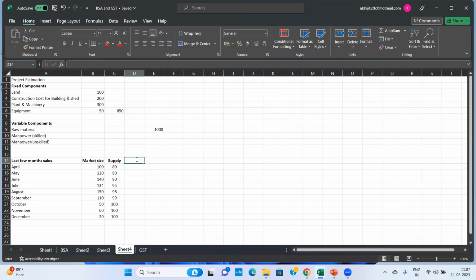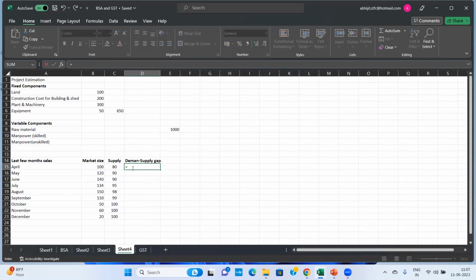Now, what we are going to understand is the demand supply gap. How are we going to calculate it? Your market size, that is demand, minus your supply. Can you see there is a negative in these months?